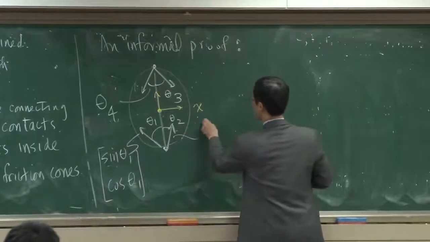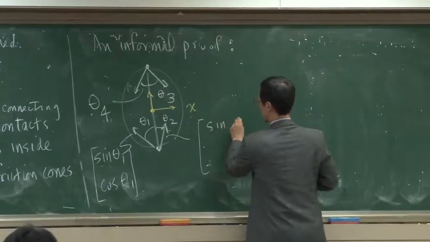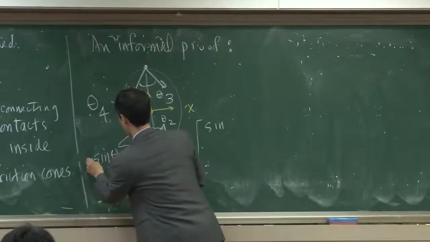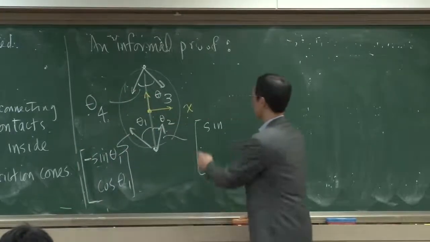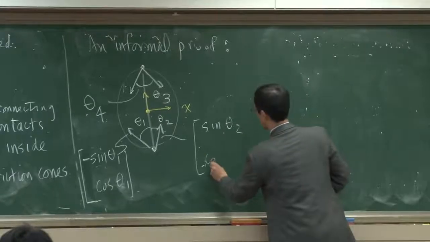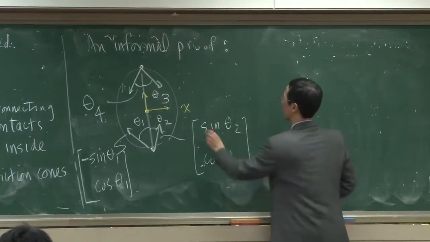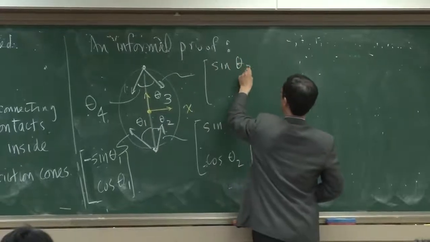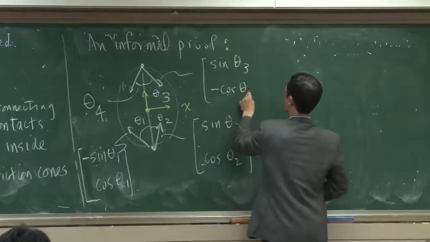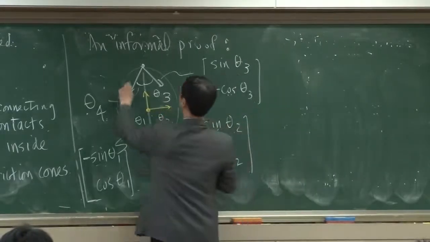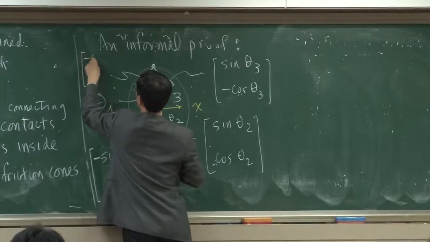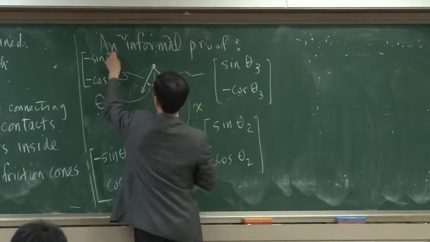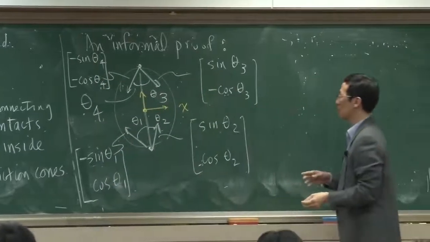This vector will be minus sine theta 2, cosine theta 2. This direction will be sine theta 3, minus cosine theta 3. Finally we have minus sine theta 4, minus cosine theta 4. So we have these 4 directions.